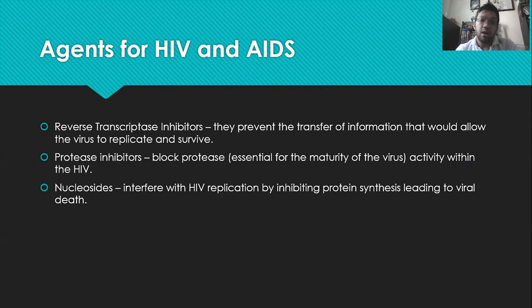Therefore, once given to patients who are HIV positive, they won't be proceeding to AIDS. That's why there are certain people who are HIV positive, and if they are taking these agents, they can live a normal life. Their lifespan would be the same as that of people who are negative for this virus. Take Magic Johnson, for example. He was diagnosed with HIV.